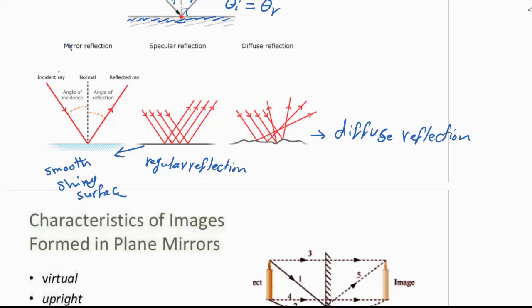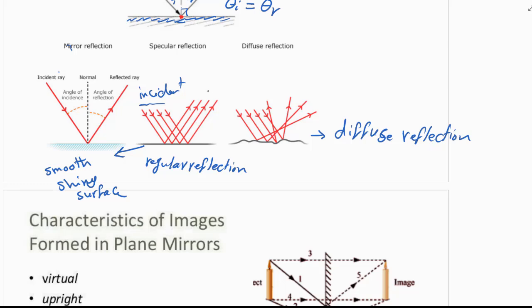As you can see here in this reflection, all the parallel rays reflect parallel to each other. This is the incident ray, and all of these incident rays are parallel to each other.